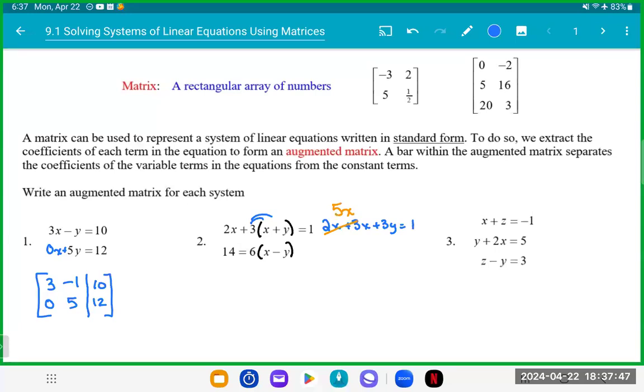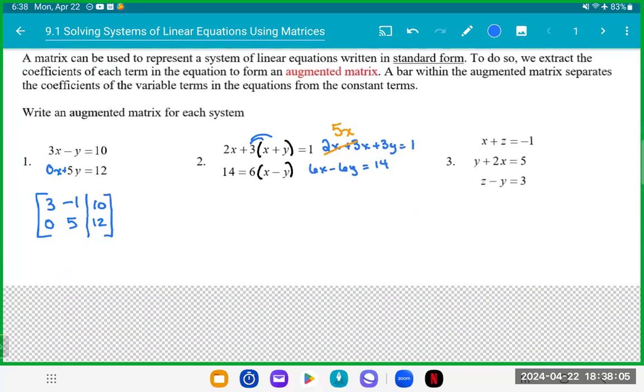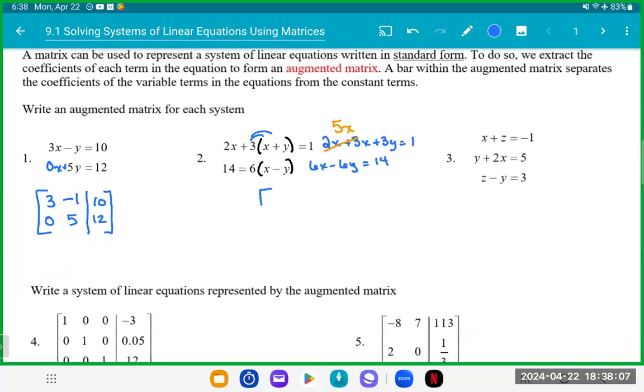And so for our second equation, that gives us 6x minus 6y equal 14. I'm just moving the constant to the right-hand side instead of having it on the left-hand side. Okay. So now we have this in a format that we can quickly and easily turn into a matrix.